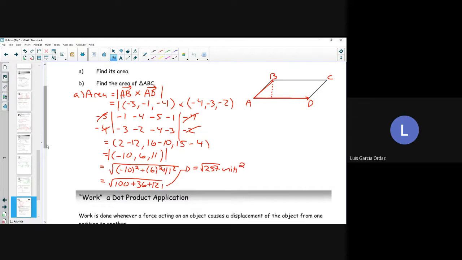Can we simplify this radical even more? Is this the most simplified it can get? This is the most simplified it can get. So this would be my final answer.